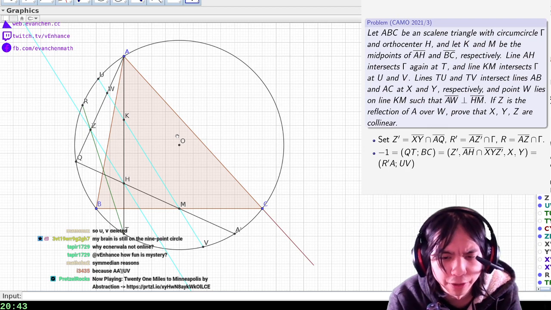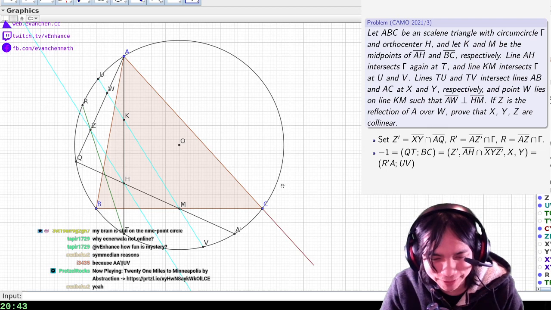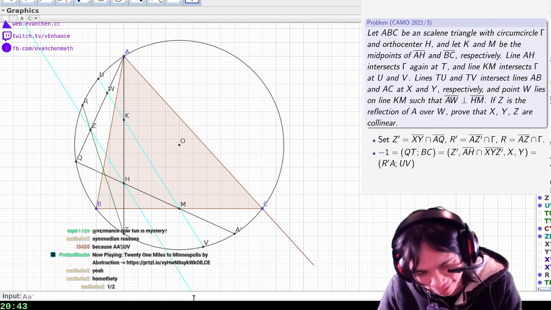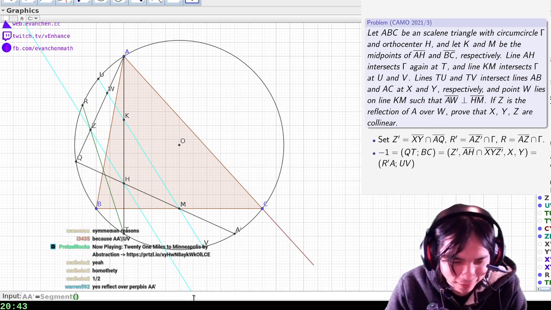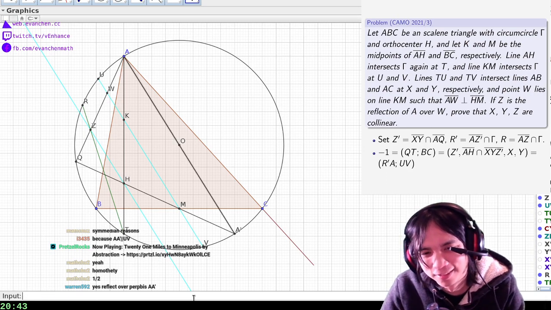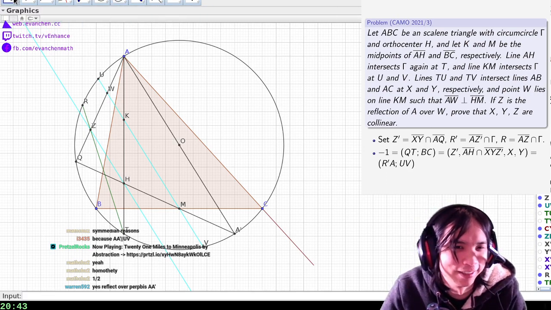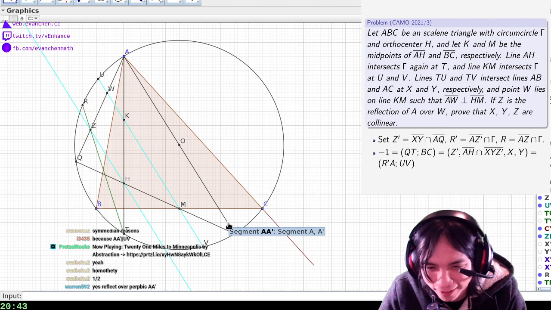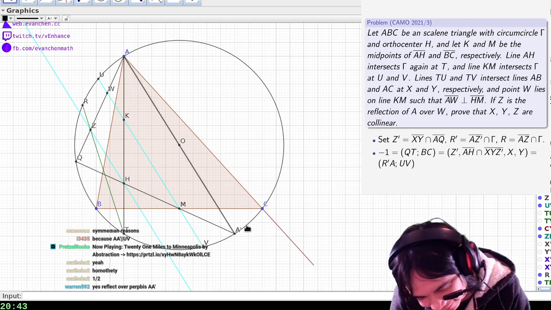But wait, is KM parallel to AA prime? I'm a dummy. I forgot the most important part: also parallel. Very important.